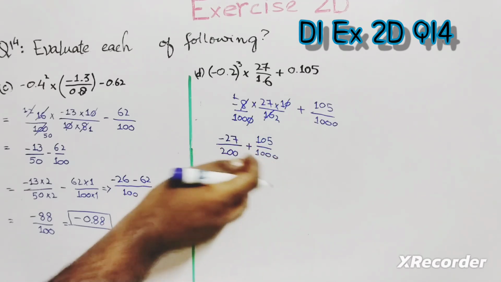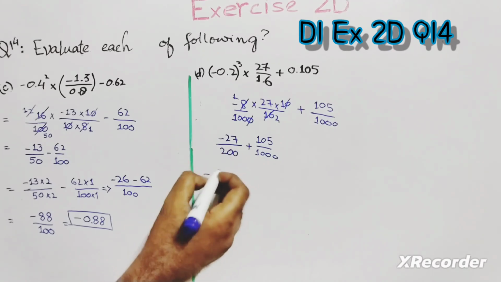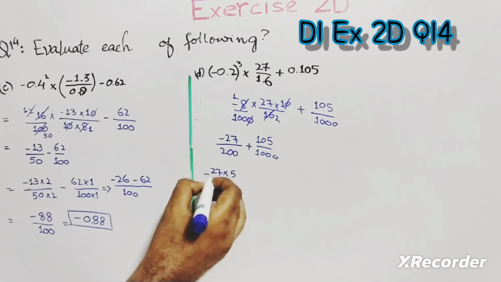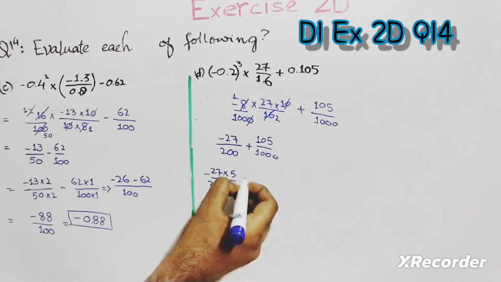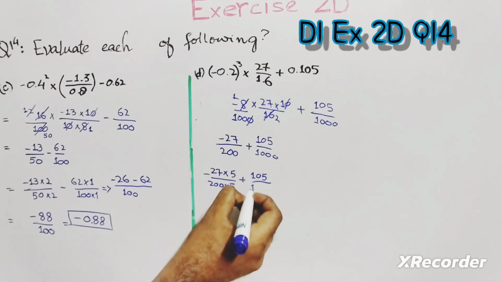When we take the LCM of these two numbers, we get 1000. So for making this 1000, we have to multiply minus 27 with 5 and 200 with 5 also, plus 105 upon 1000.